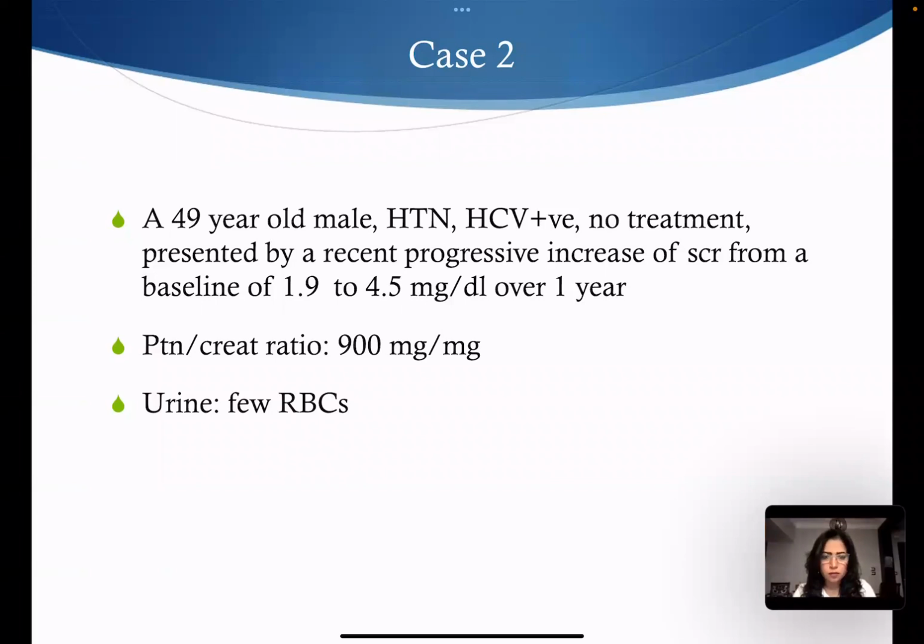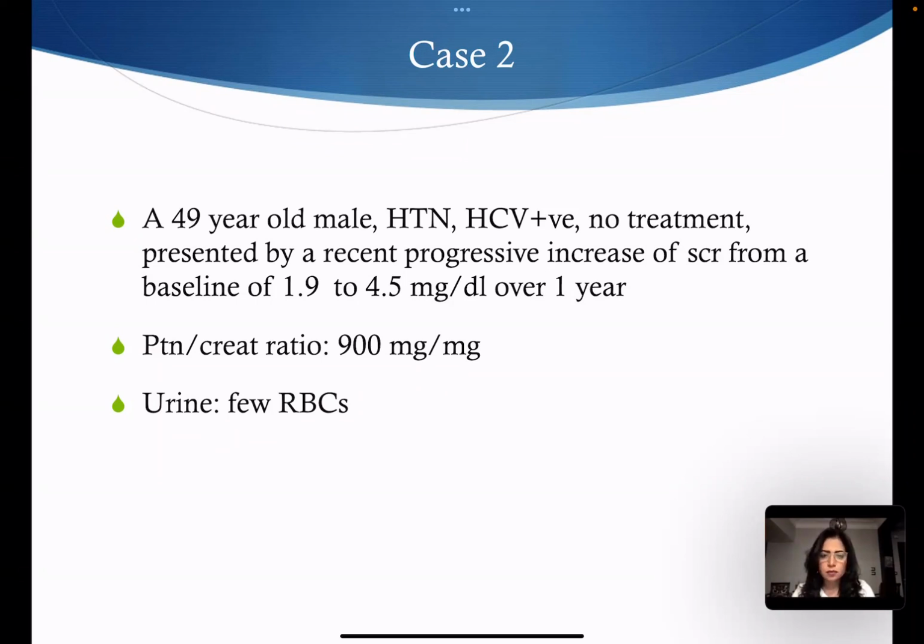Again, I have to overstress the rate of progression and the slope of the creatinine, or 1 over the creatinine against the time. It's not usual that a patient with a serum creatinine of 1.9 progresses to 4.5 in a year. Maybe if it is 4.5, he can progress to 7 in a year. But 1.9, you should have a slower progression.